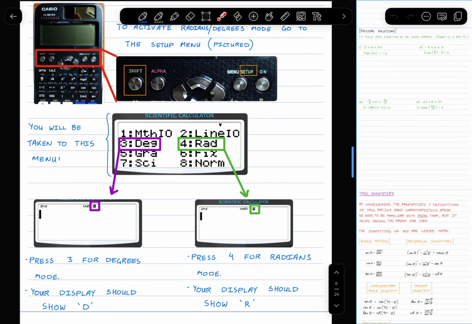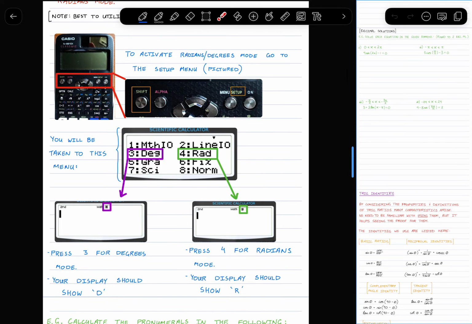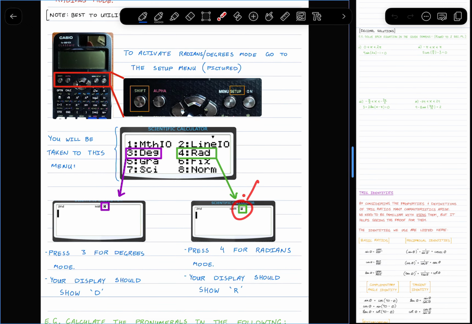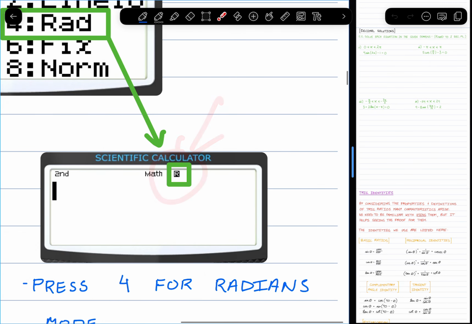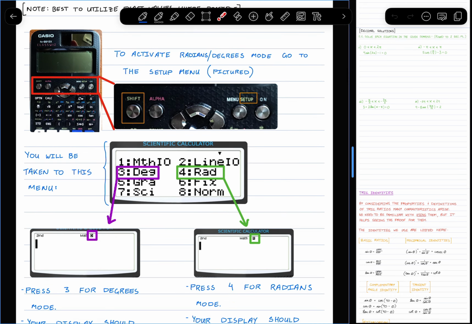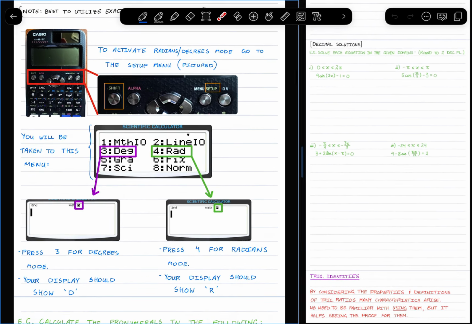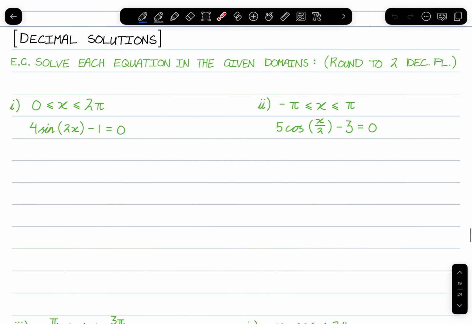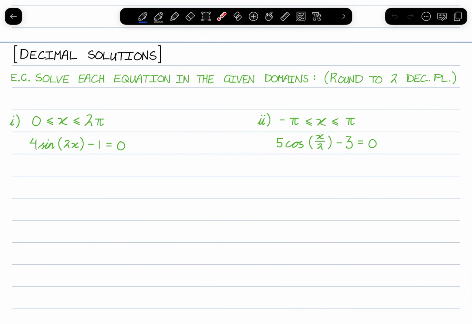So I hope you can see that in this one, you should have that little R at the top of your calculator. This is for the older models. For the newer ones, I don't yet have pictures of that one, so you can ask me in class on how to do those.